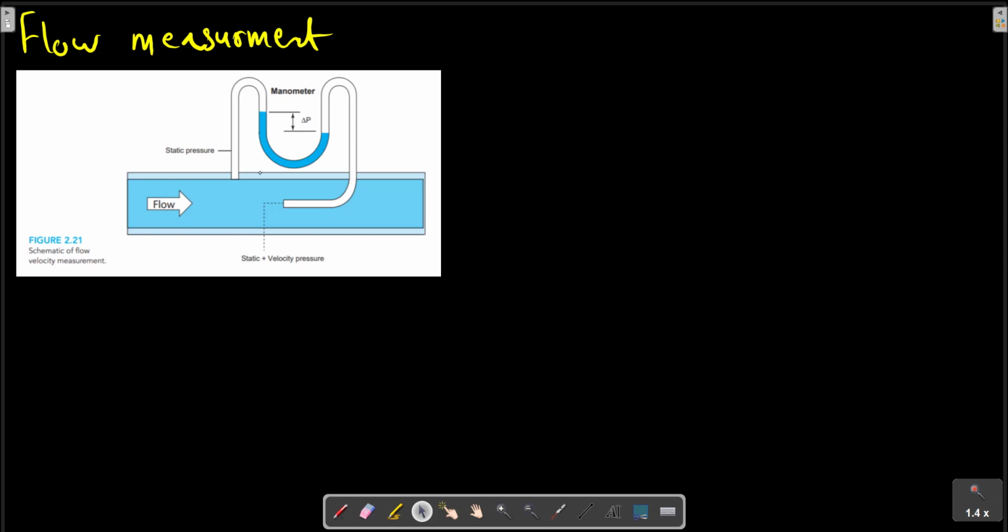Delta-P, static pressure and also fluid pressure.